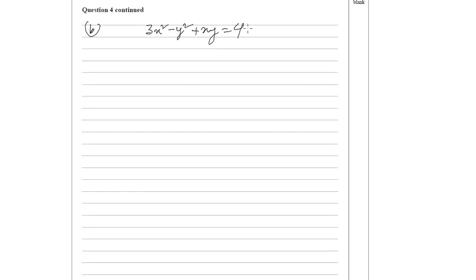3x squared plus xy equals 4. This is equation 1. y equals 2x. This is equation 2. So what we can do here is put 2x in place of y.